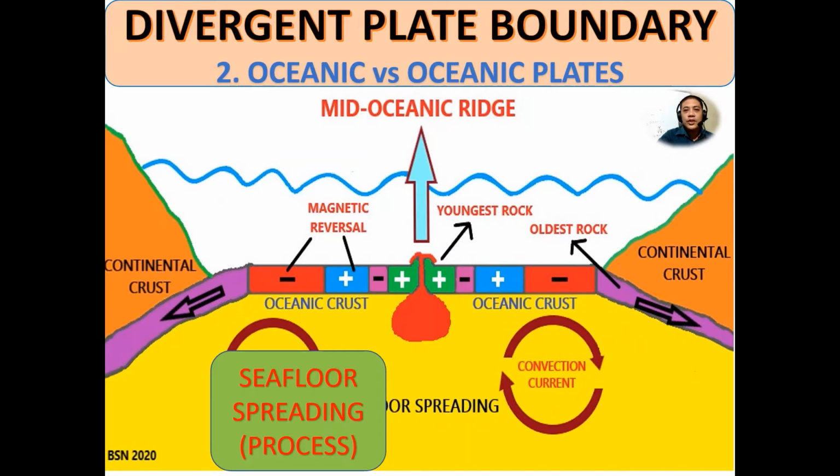A mid-ocean ridge or mid-oceanic ridge is an underwater mountain range formed by the diverging of two oceanic plates due to seafloor spreading process.